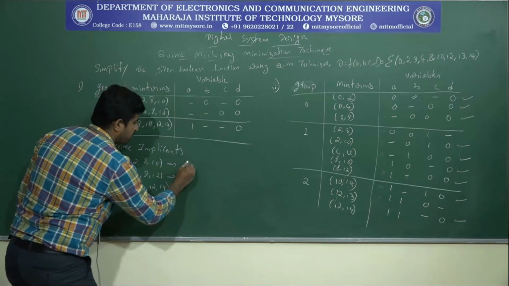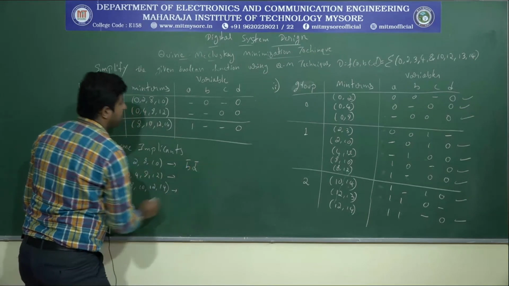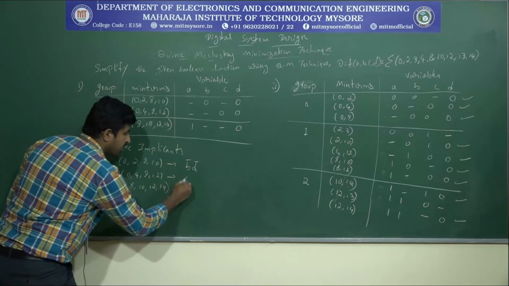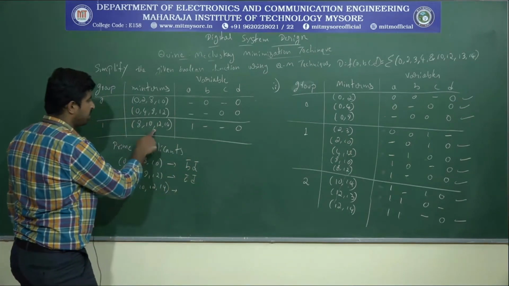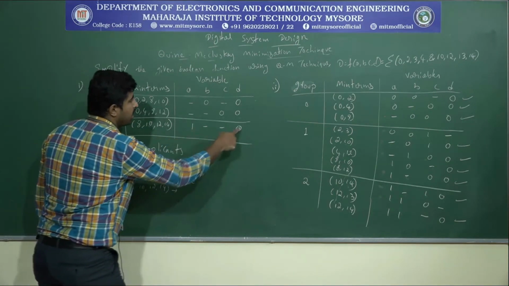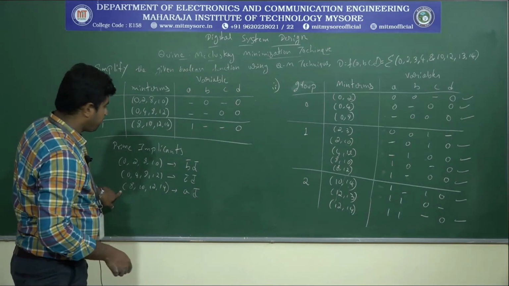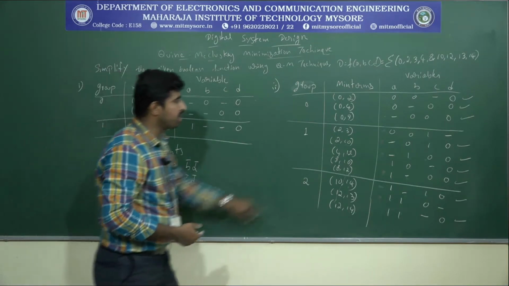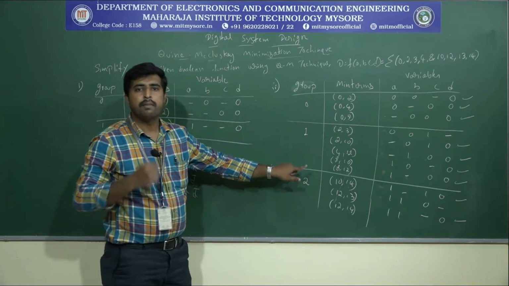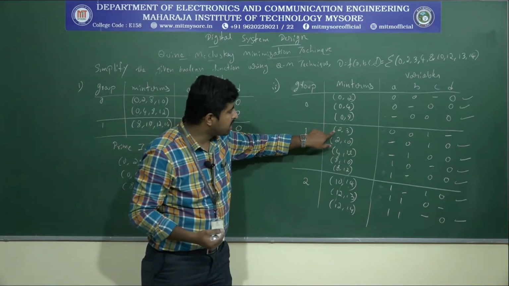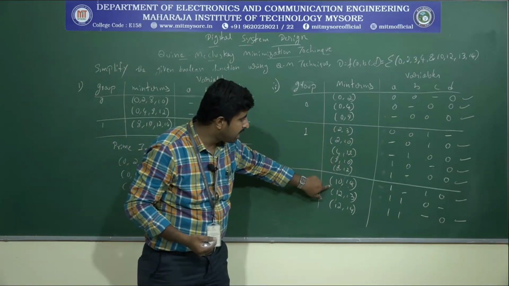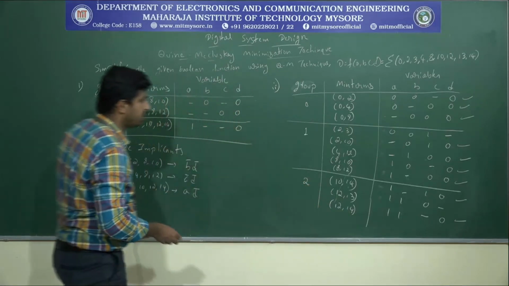This corresponds to B bar D bar, this corresponds to C bar D bar, and this corresponds to A D bar. Next, which are the remaining, not covered? Even those will be considered as prime implicants. Which are not covered actually: 2, 3 and 12, 13.